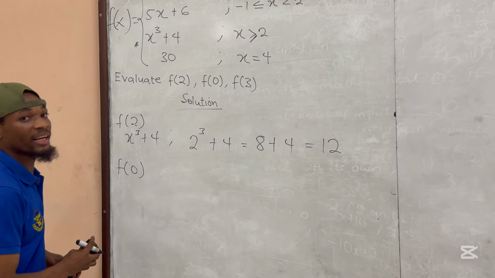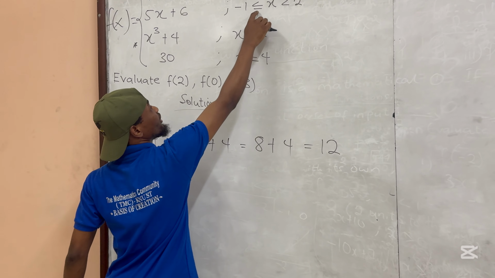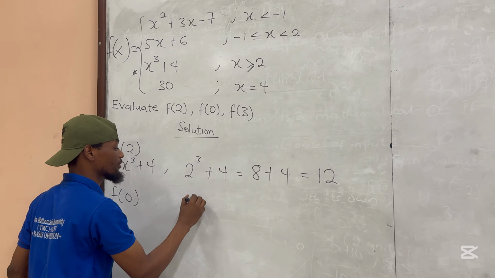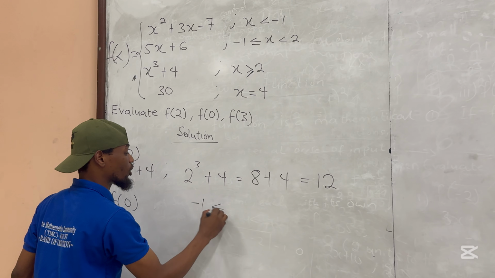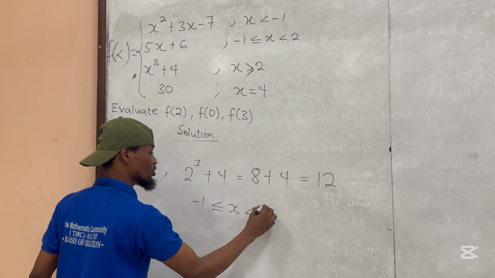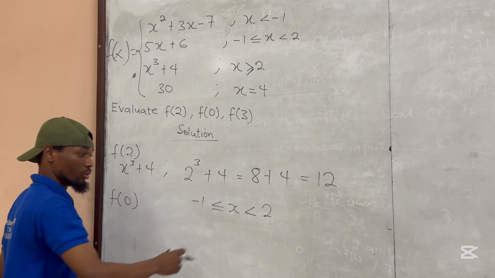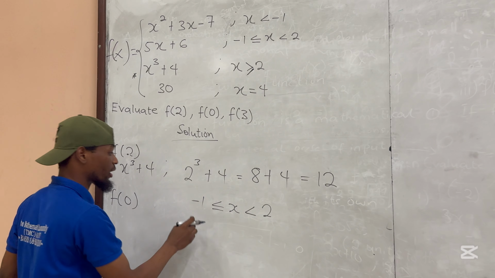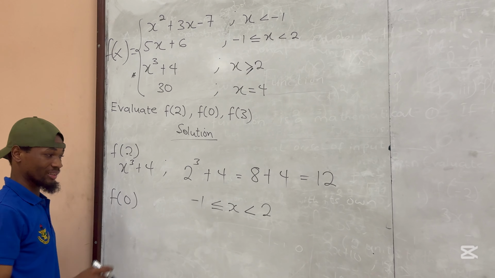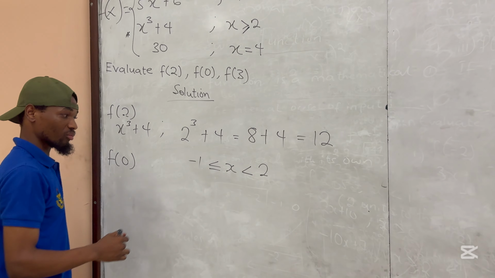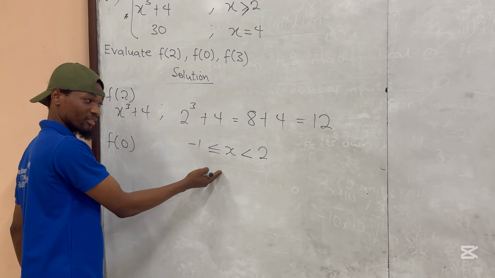Okay, let's consider the second one. This is equality. We have -1 ≤ x < 2. What does it mean? Let's see if 0 can fit into this. Yes, 0 will fit here.